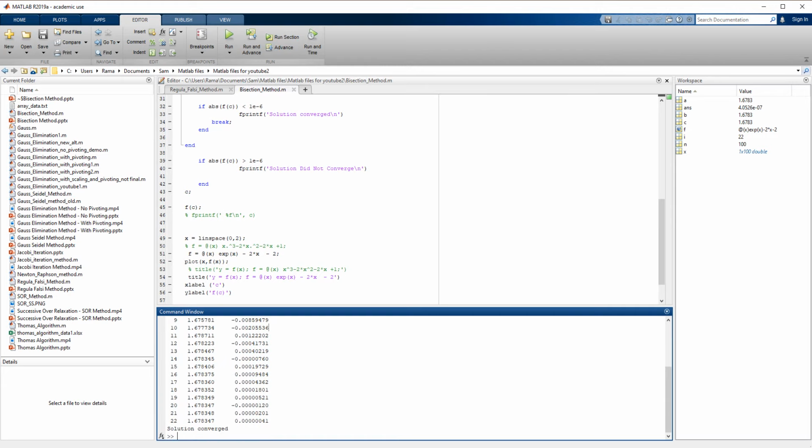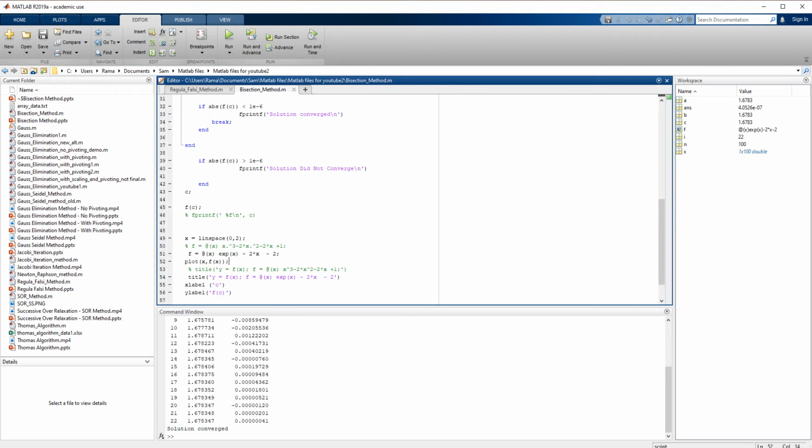The program used 22 iterations and the root is located at x equals 1.678347, and at that location f(x) is very close to 0. The equation we used in this case is the transcendental equation, the second equation. We can even look at it graphically.